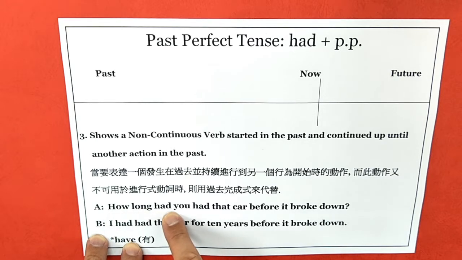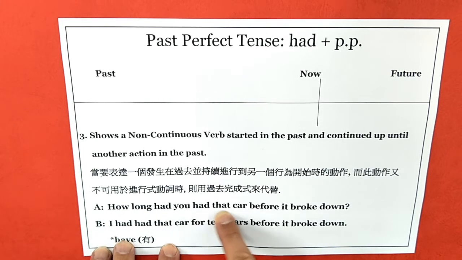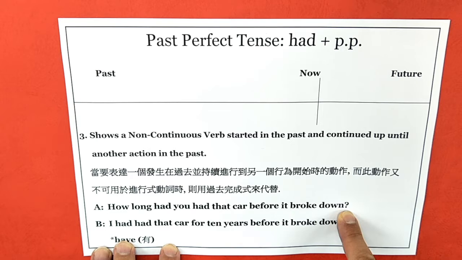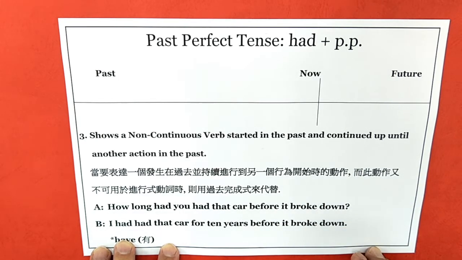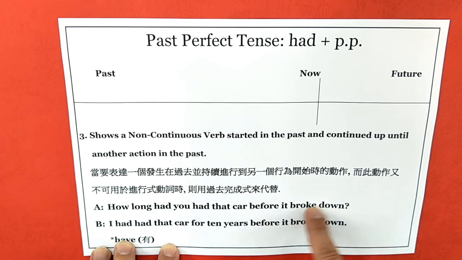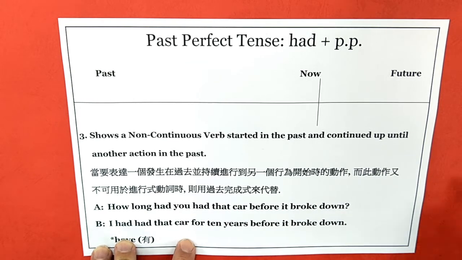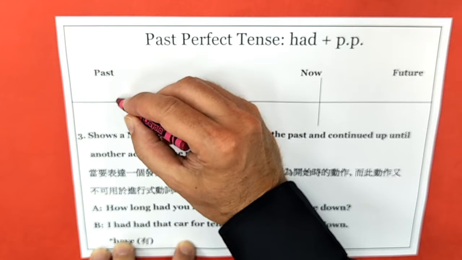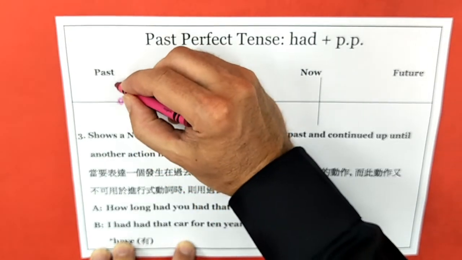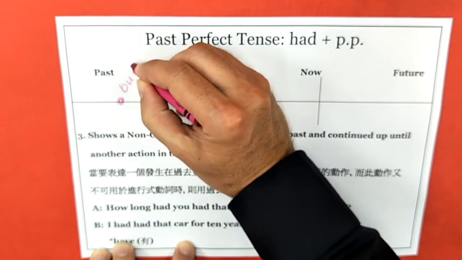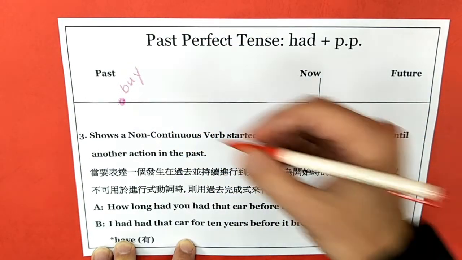A. How long had you had that car before it broke down? So you have a car, okay, and the car broke down. So we have two things going on. First action: I buy a car, and the past tense is bought.